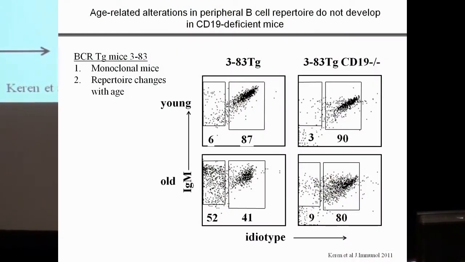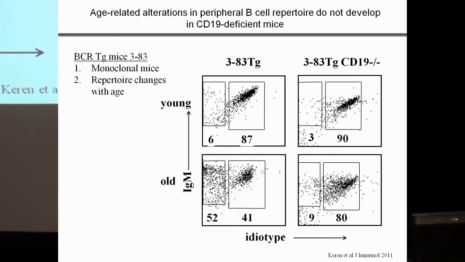However, as reported by John Cambier's group from Denver, Colorado, in aged mice, there is a selection process which allows variant cells that express an endogenous receptor to accumulate in the periphery. And in fact, in old mice, 50% of the cells express endogenous receptors. This transition occurs only with aging.